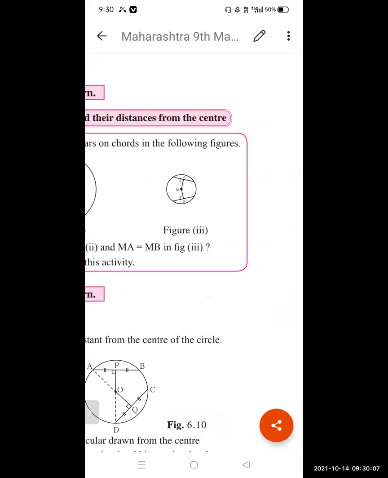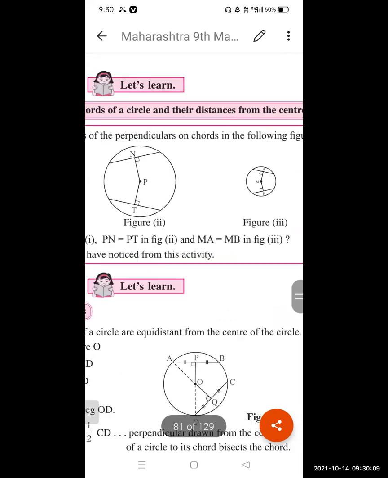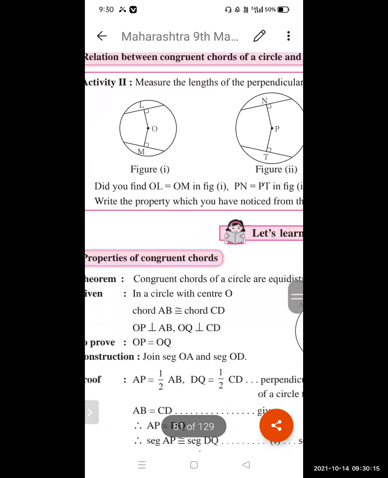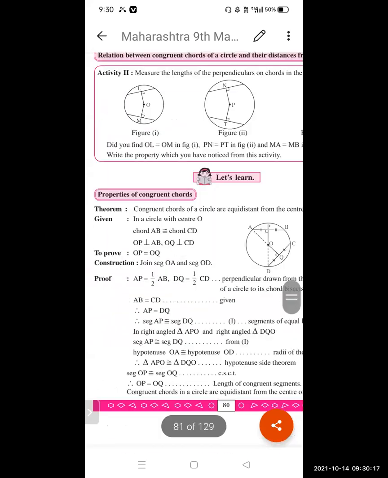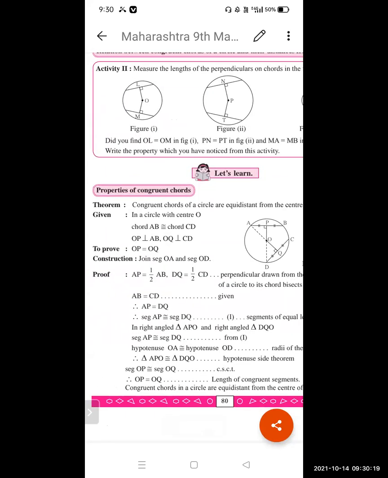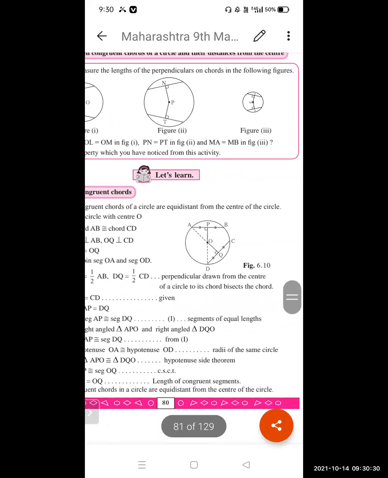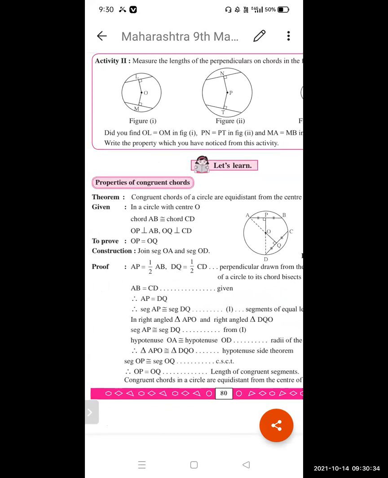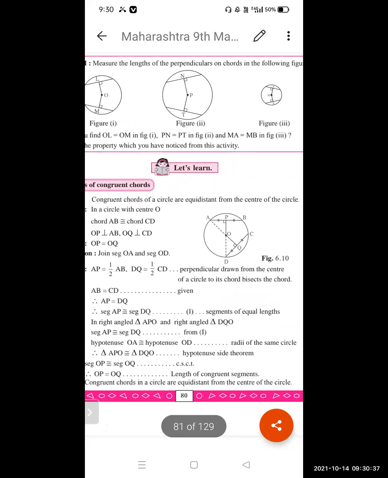So when we observe this, they come equal. Now which property are we going to observe here, that we'll see. The properties of the chords are given, the 2 theorems we are having. The first one is that congruent chords of a circle are equidistant from the center of the circle.